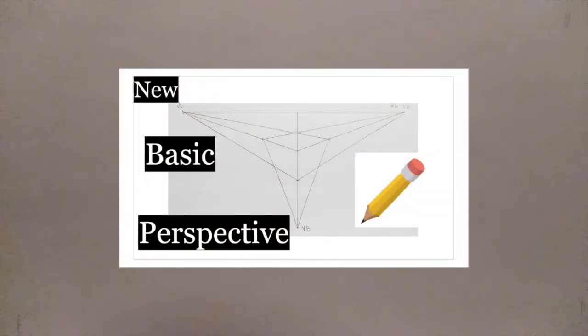Today we're going to be going over basic perspective. Basic perspective for CAC, you guys. The reason why I'm keeping it basic, I just want to introduce you guys to perspective in its simplest form. Perspective can get very intricate very fast, but if you just know the basics, that's really all you need to know.